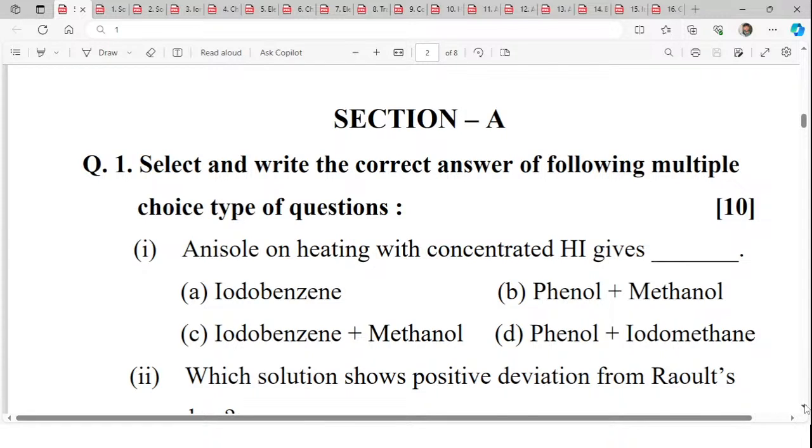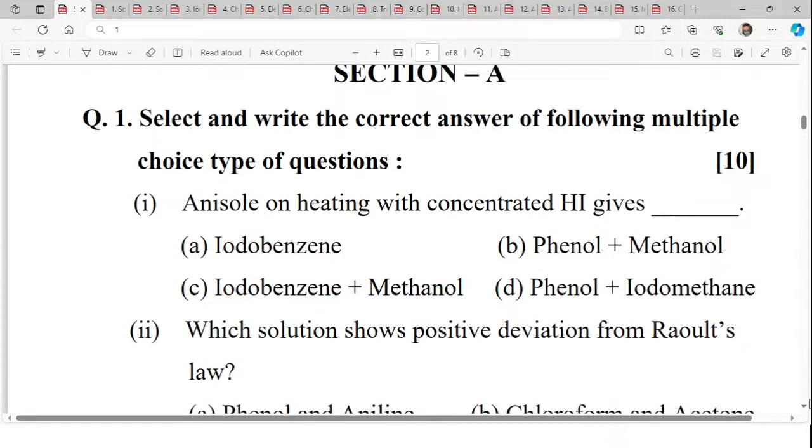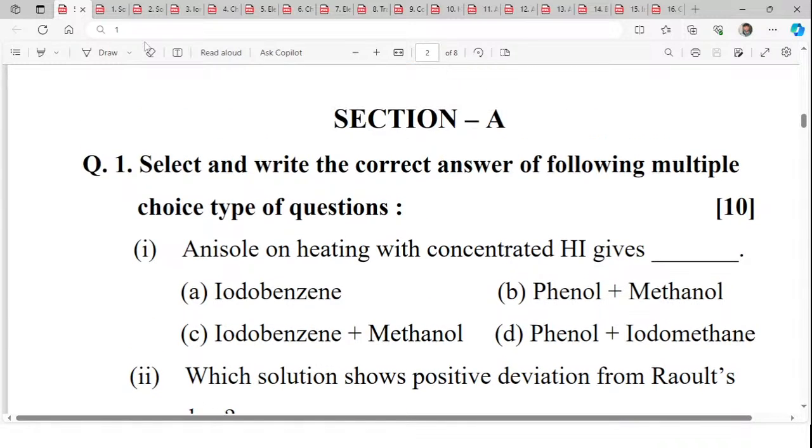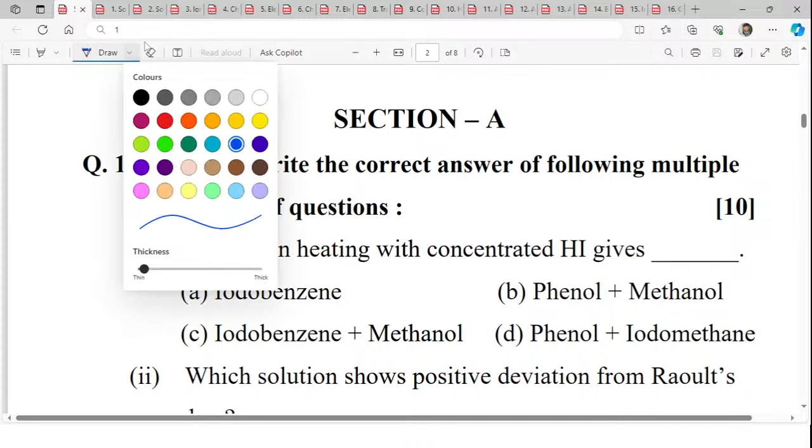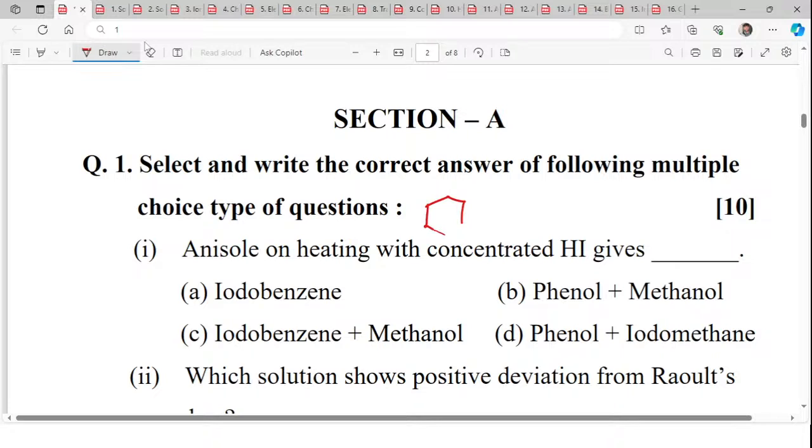Question number 1: anisole on heating with concentrated HI gives. What is the structure of anisole? Anisole has a benzene ring attached to OCH3. When it reacts with HI, HI gives H plus and I minus, and the anisole gives O minus and methyl plus.